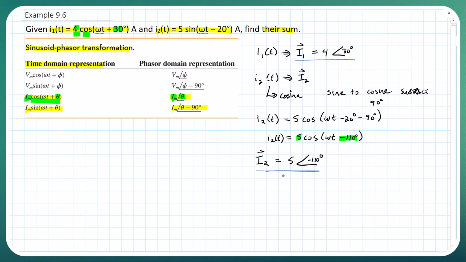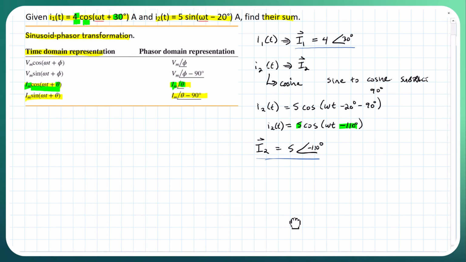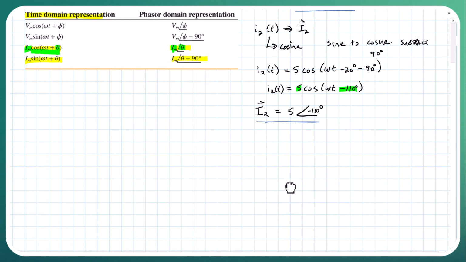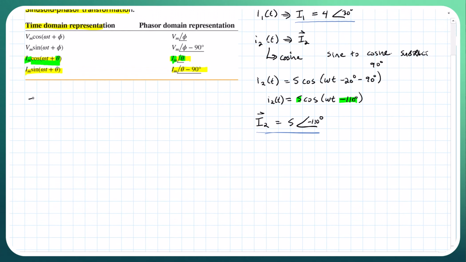Now, essentially what we want to do is add I1 and I2. So the next step, let's scroll up here, is I is going to be I1 plus I2.